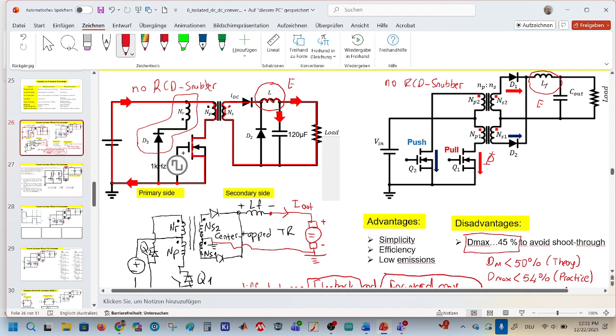What does push and pull mean? That the input current is flowing through Q1 or Q2. It's like pushing the magnetic flux downwards or backwards. For example, this would be pull and upwards would be push.